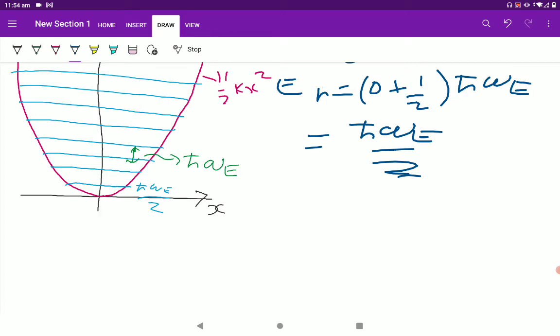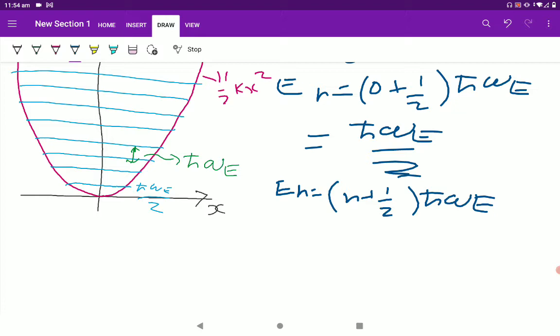So basically, if you solve the Schrodinger equation with the potential of half kx square, and we find the stationary states, eigenvalues and eigenfunctions, then we find the eigenvalue of energy En, that is n plus 1 by 2 h cross omega E. This is true whenever we have a potential quadratic in displacement.